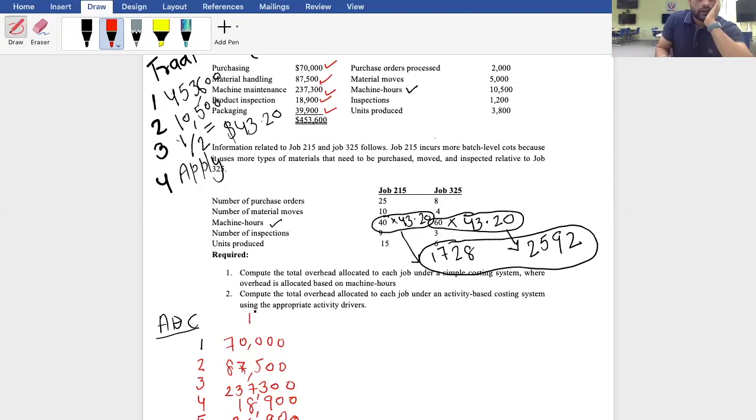All right, step one. Now we move on to step two. Step two is about finding the cost drivers. We know that if we have 5 activities, then we have 5 cost drivers. In these 5 cost drivers, the first one is 2,000. Second one is 5,000.